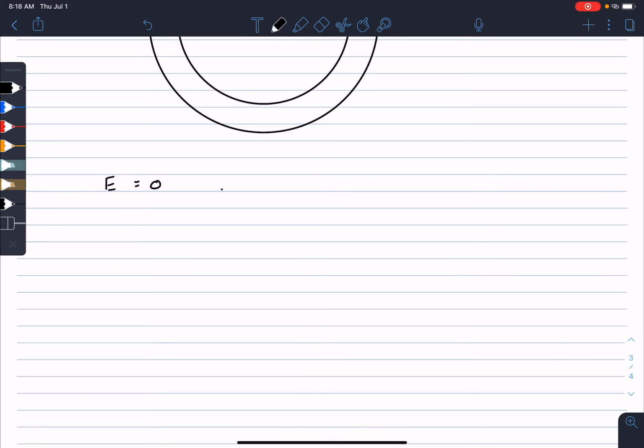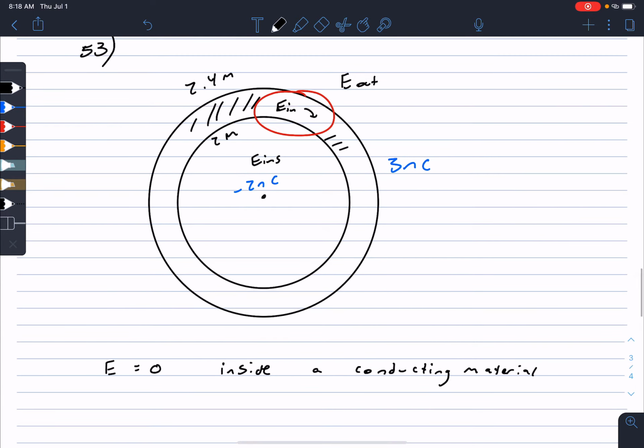Electric field equals 0 inside any conducting material. That's something worth remembering. So inside the conductor itself, there is no E field.